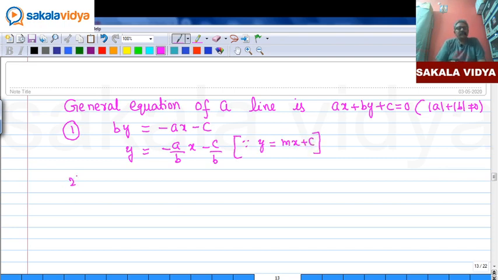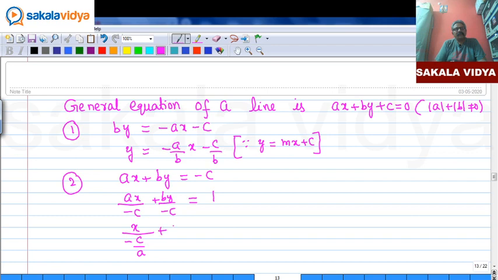Second, this can be put in intercept form. ax plus by is equal to minus c, divide by minus c: ax by minus c plus by by minus c equals 1. Again this can be written as x by minus c by a plus y by minus c by b equals 1.